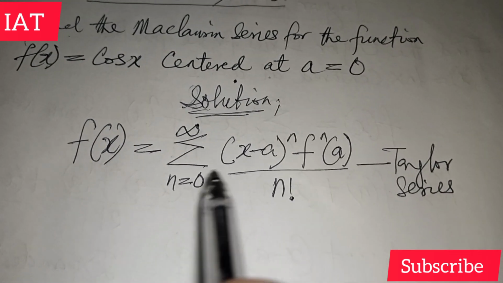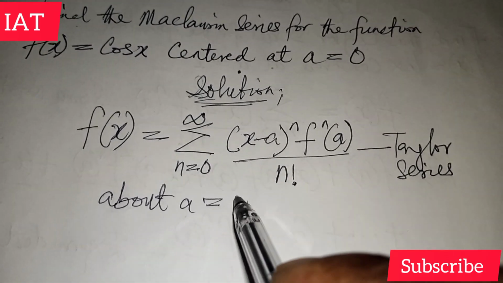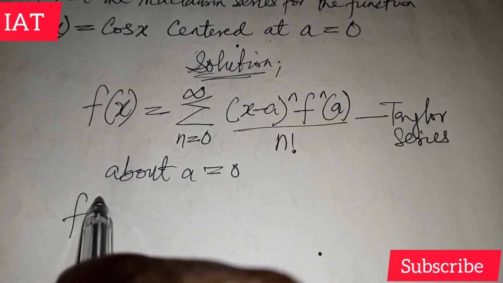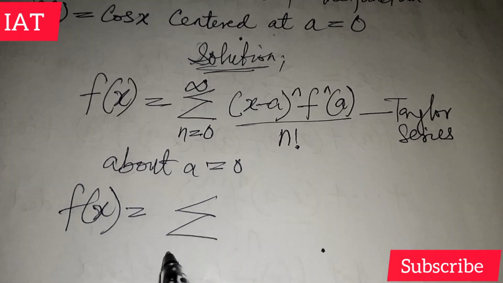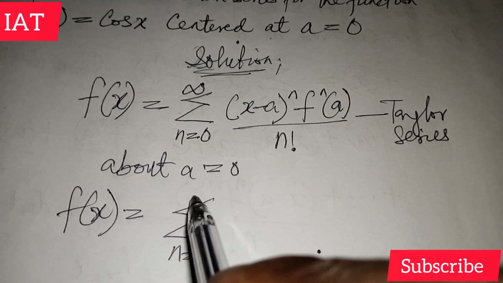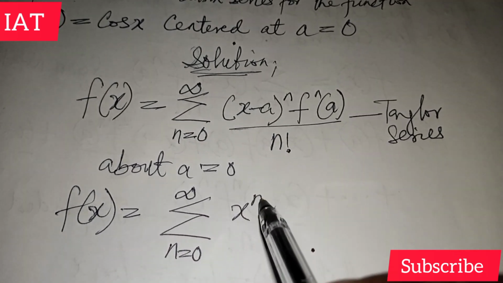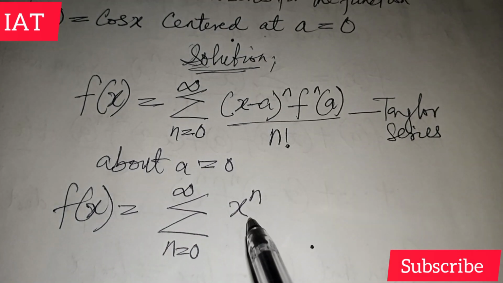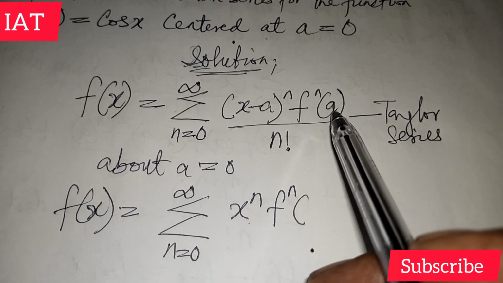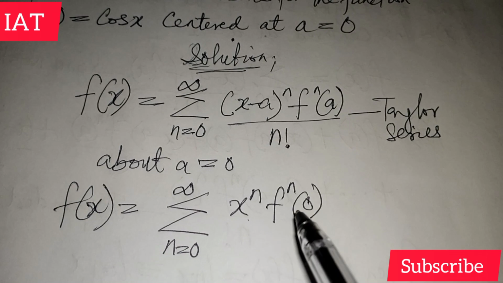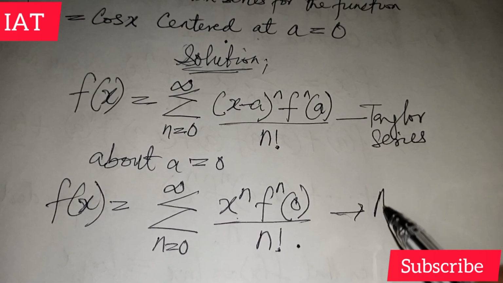So about a equal to 0, we get Maclaurin series to be f of x equals the sigma notation of n equal to 0 up to infinity of x to the power of n, because when you plug in 0 here, all you have left is x to the power of n, times f to the power of n at 0, all over n factorial. This is what we call the Maclaurin series.